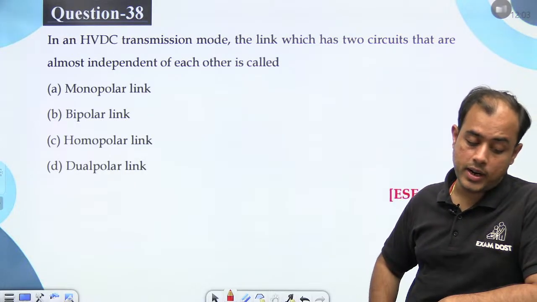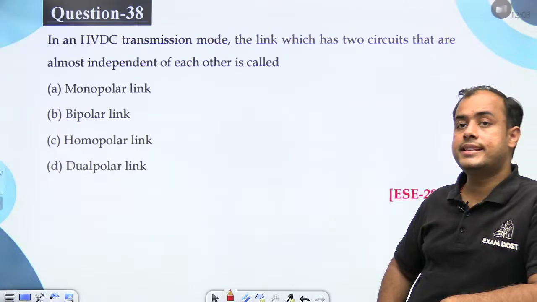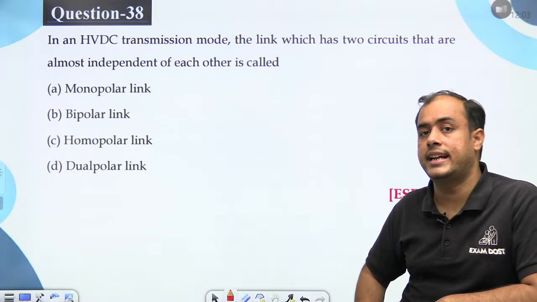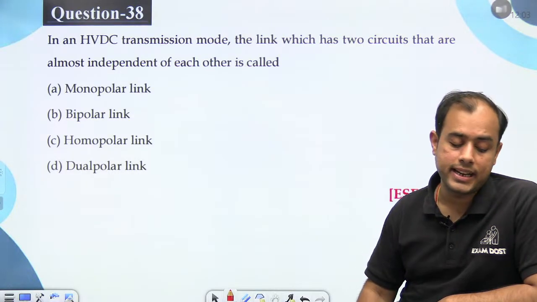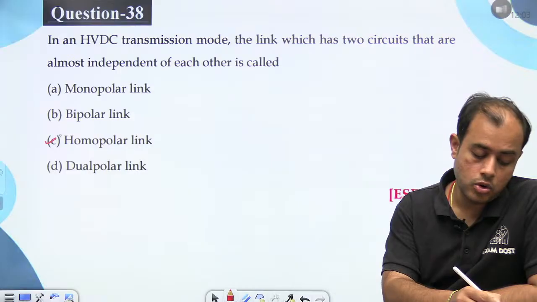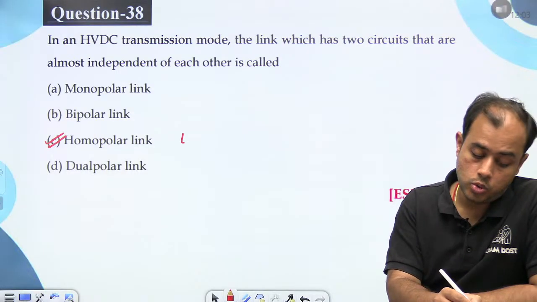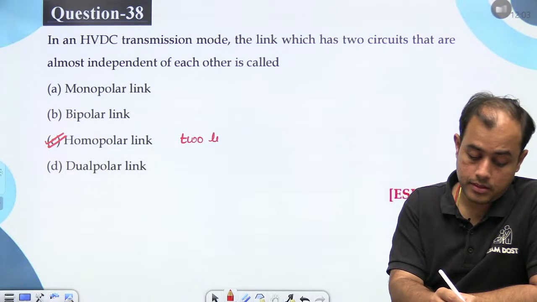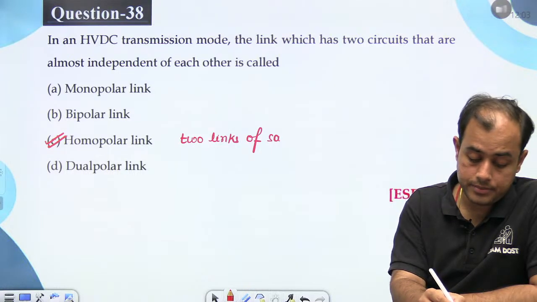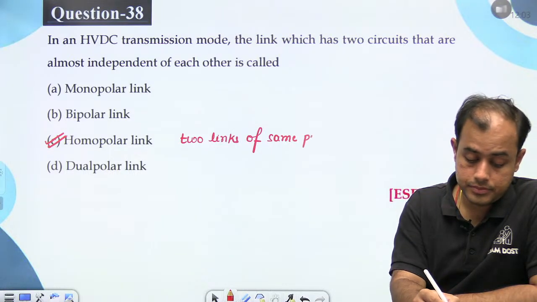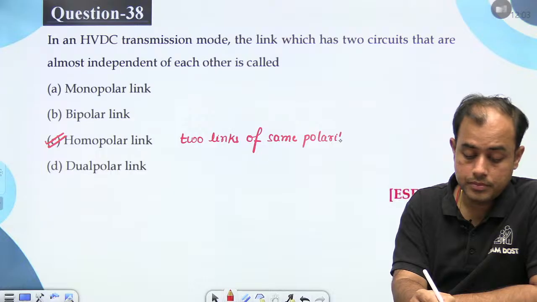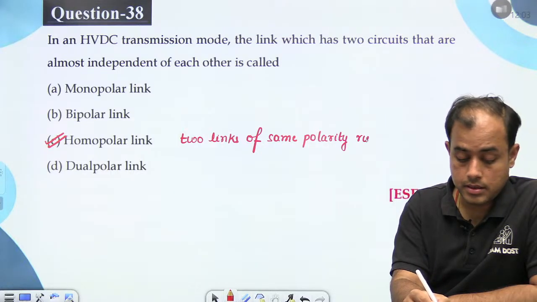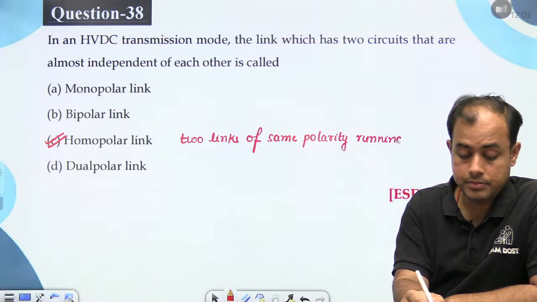ESE 2020. In HVDC, the link which has two circuits almost independent of each other, homopolar. Two links of same polarity running parallel.